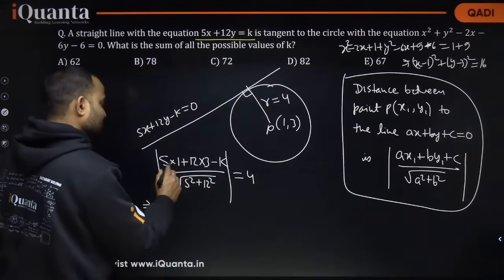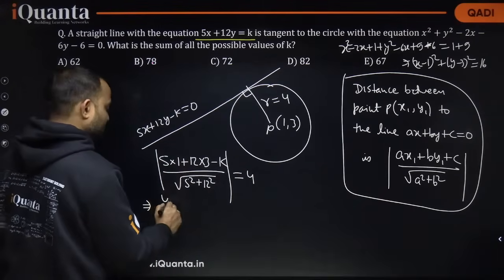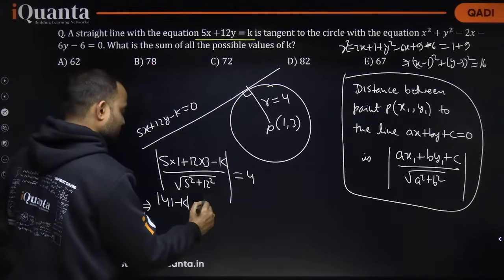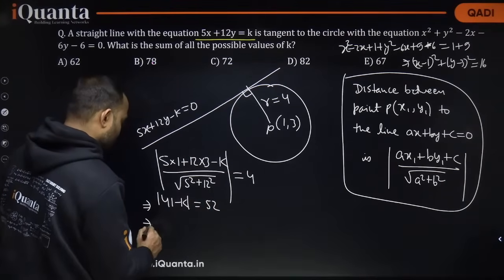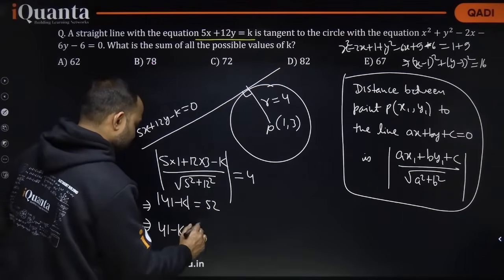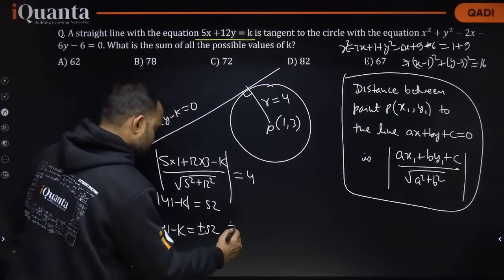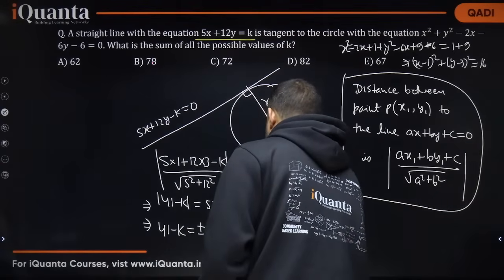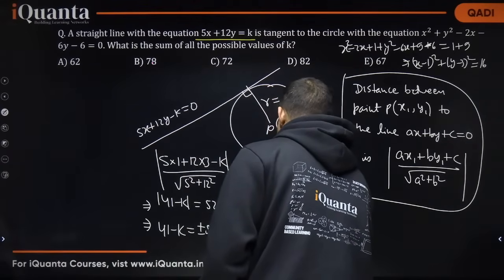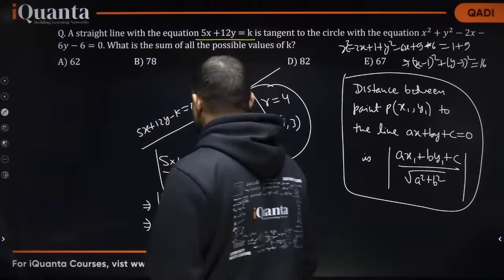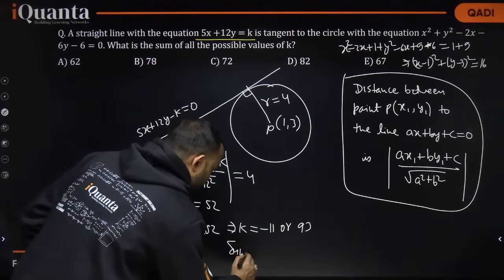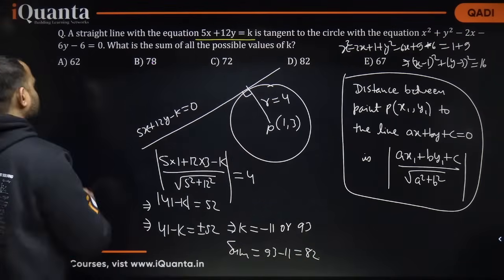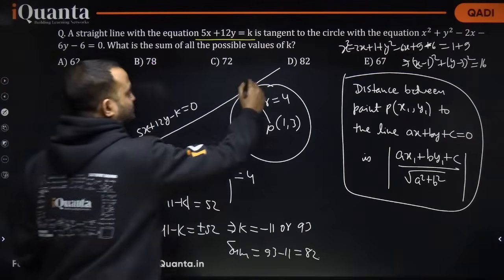So we can say this will be 41 minus k mod is equal to, this will become 13, so 52, or 41 minus k is equal to plus minus 52, or k is equal to either minus 11 or it will become 93. The sum that we are looking for, sum will be 93 minus 11, that is equal to 82. So the answer is option D.